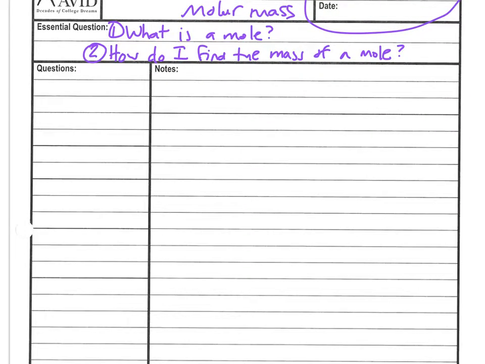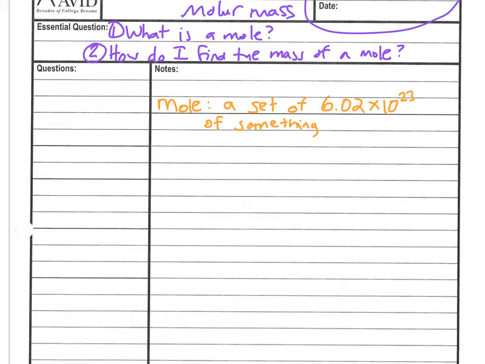Okay, so the first thing we're going to start with is defining the mole. A mole is a set of 6.02 times 10 to the 23rd of something. So you're familiar with a dozen. A dozen is 12. A gross, if you've ever heard of that one, is 144 of something. If you have a dozen eggs, you have 12 eggs.